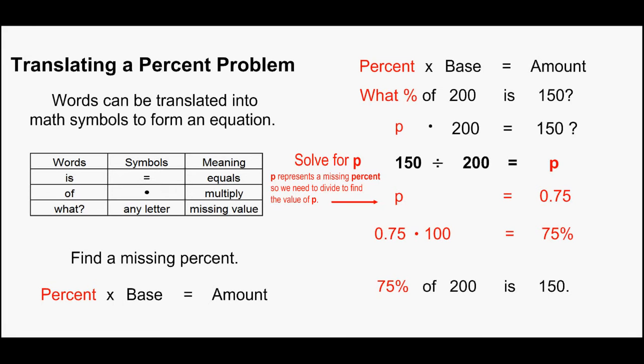Our percent is a missing factor, so we'll use division. 150 divided by 200 equals P. P equals 75 hundredths. 75 hundredths is the decimal form of the percent. To write the percent with the percent symbol, we need to multiply 75 hundredths by 100. 75%. 75% of 200 is 150.